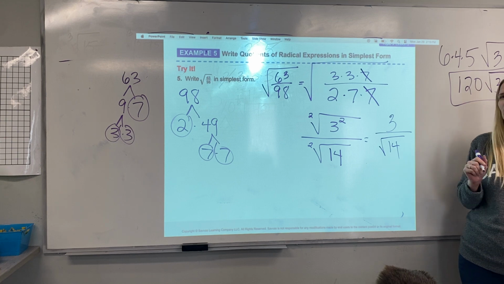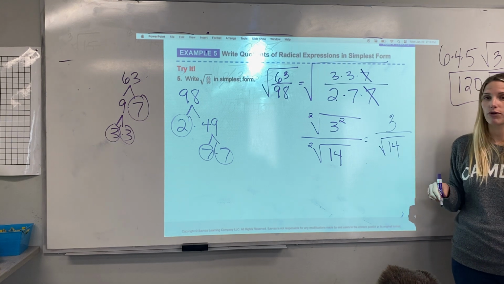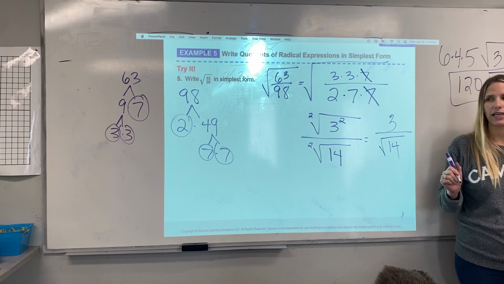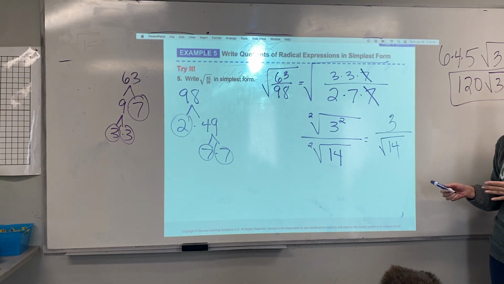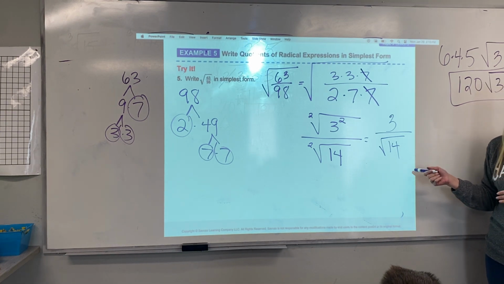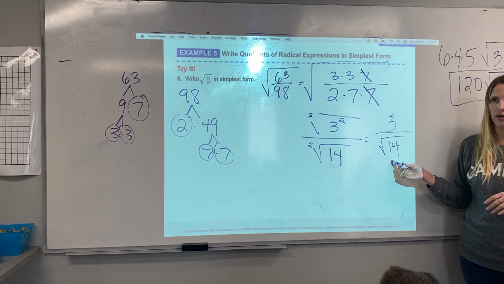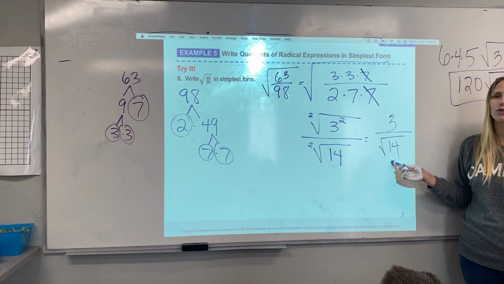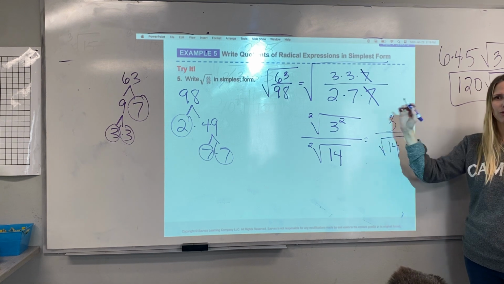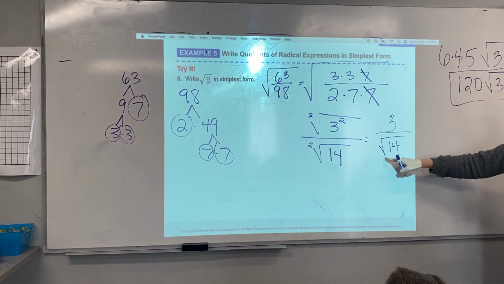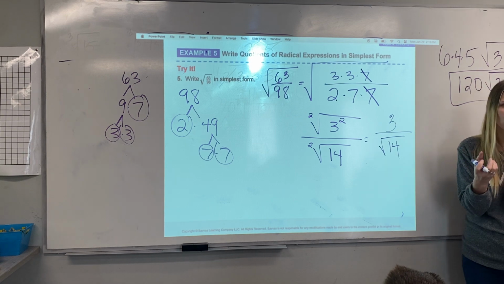No. Here's the little thing about fractions and radicals. The general rule is you're not allowed to call this simplified because you're not allowed to have a radical in the denominator. You can't just erase it and say it'll just be 14. We have to change this, and we have to figure out a way to break it free.